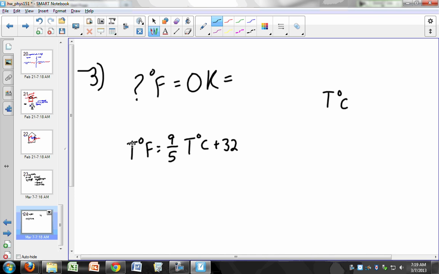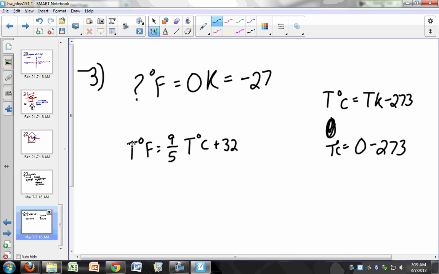T in degrees Celsius is equal to T in Kelvin minus 273. So T in degrees Celsius is equal to 0 Kelvin minus 273. So T in degrees Celsius is equal to negative 273. I'll include this on your equation sheet. Sorry, that was an oversight.